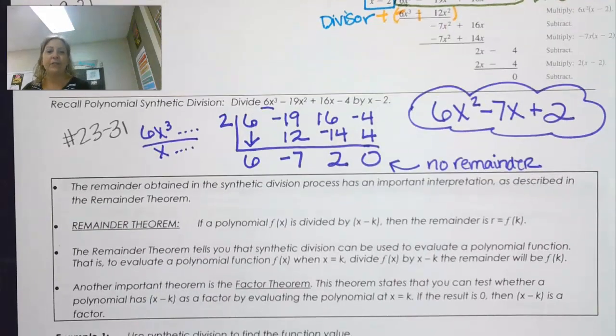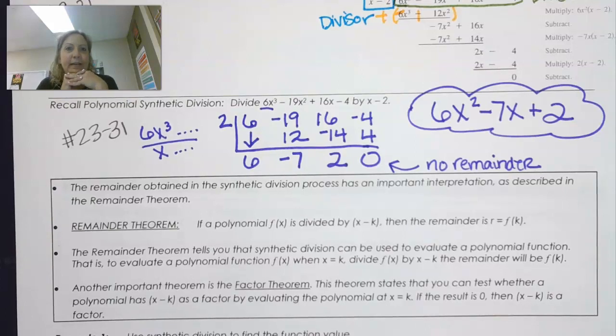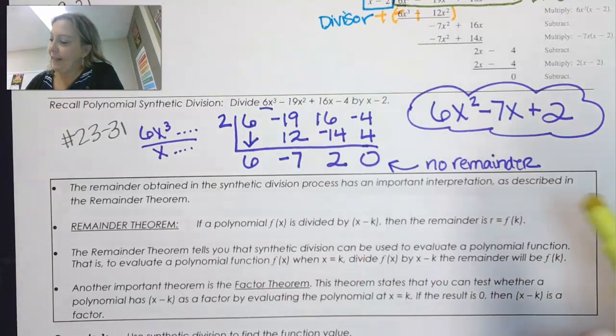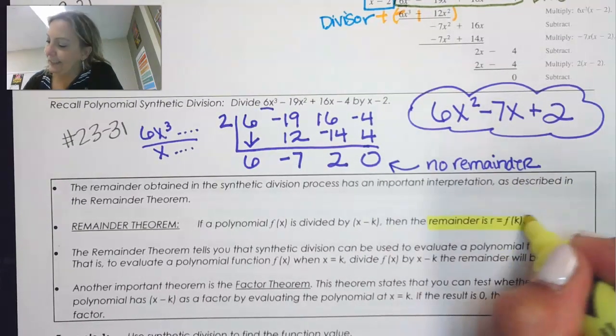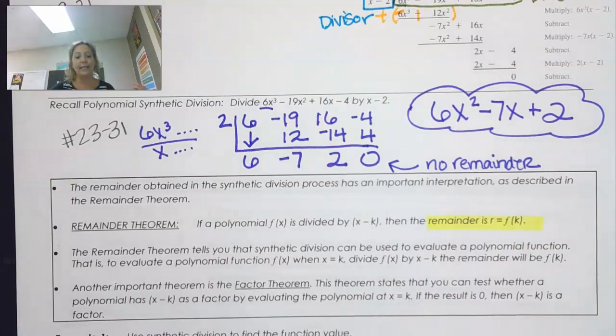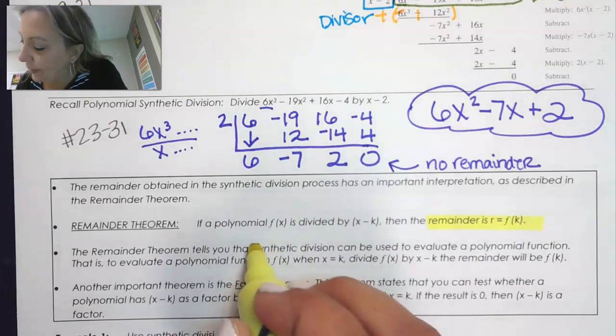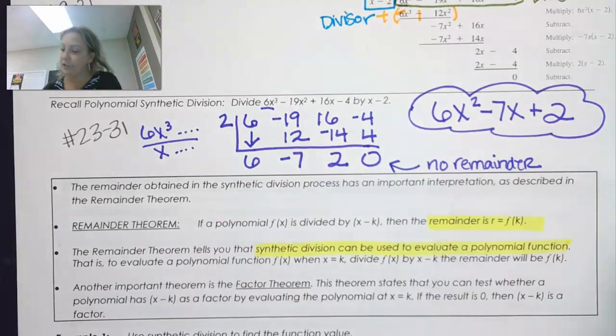Well, that remainder that's obtained in that synthetic division process has an important interpretation, and that's described in the remainder theorem. What this says is that if a polynomial, f of x, is divided by x minus k, then the remainder is r equals f of k. What that does is the remainder theorem tells you that synthetic division can be used to evaluate a polynomial function.